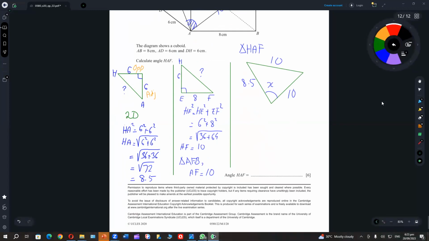What formula should we use? If you have learned it, the cosine rule.